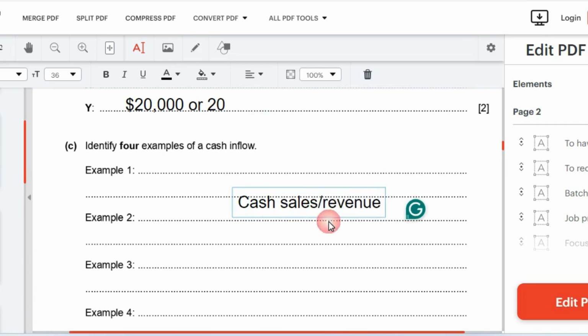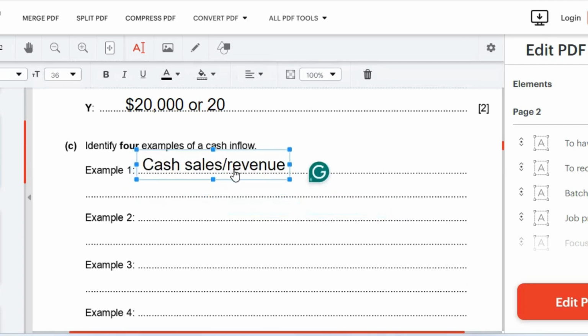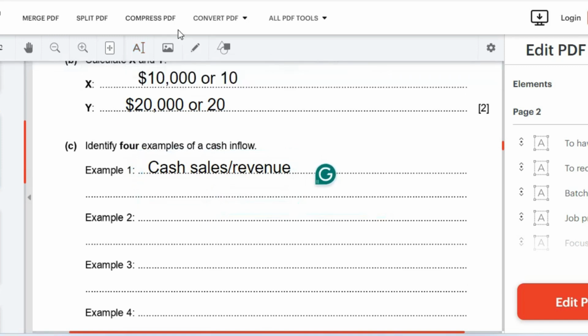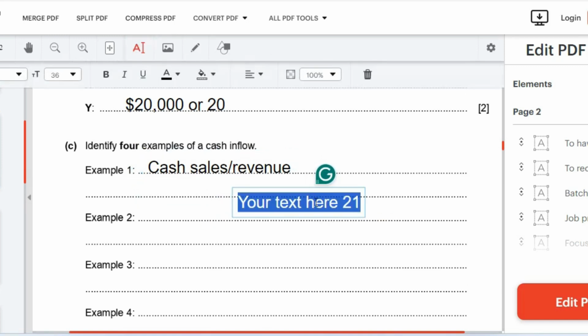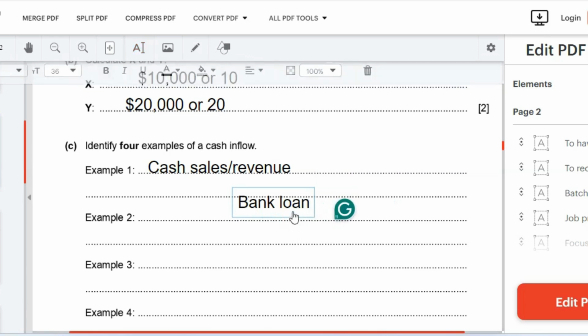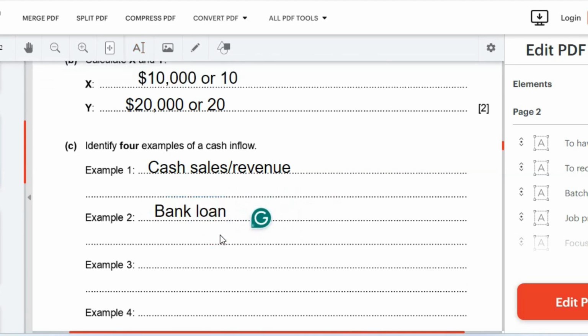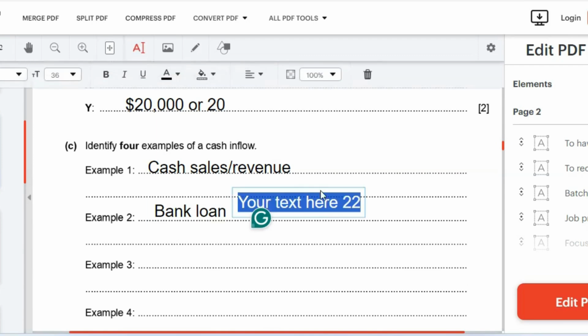What other way do you know as an example of cash inflow? We also have bank loan. Of course, a bank loan can also serve as a cash inflow. When you borrow money and use it for your business, it is also a cash inflow to you. Also, we have sales of non-current assets.